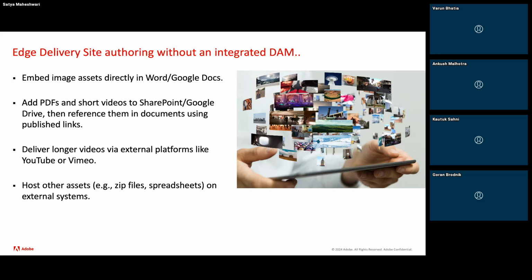So you upload those videos on these platforms, and many of these platforms come with their embedded players, which you can embed on your website, and then the videos play from these platforms directly on your website through their specific players. And then there are other asset types such as zip files, spreadsheets, etc., which you may need to have on your site. For those, the way out is uploading them to some external systems where you host all these digital assets, have their URLs which are publicly deliverable, and place them on your site.